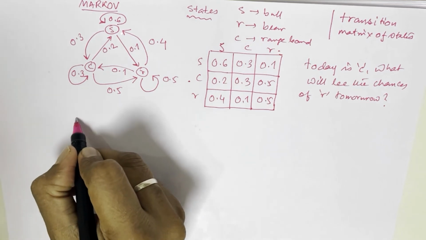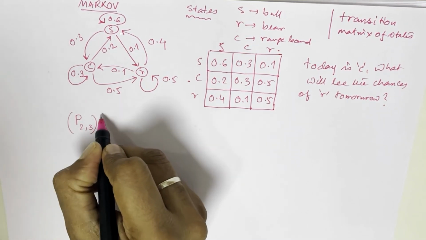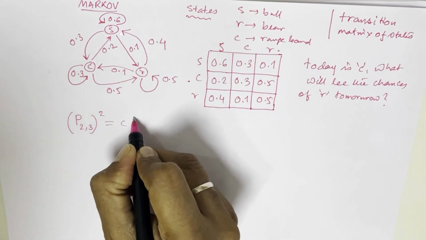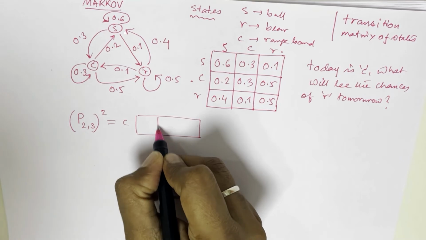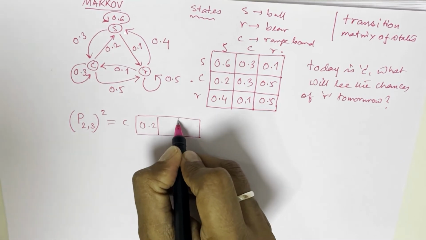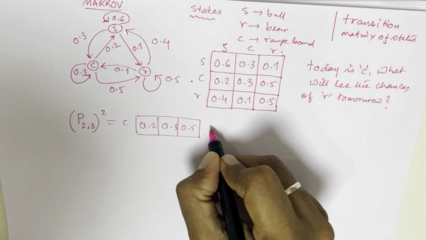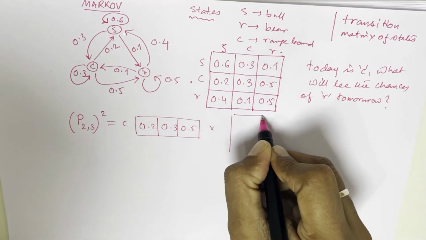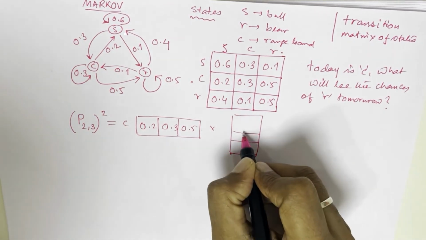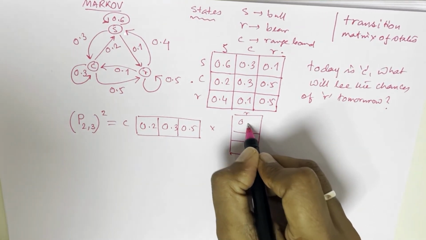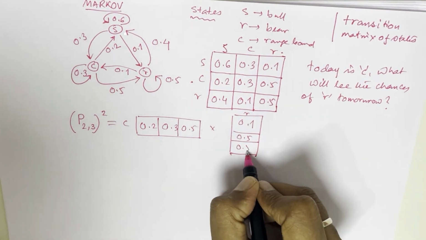So how does the calculation look? We first take the row of C: 0.2, 0.3 and 0.5. We multiply it with the column of R: 0.1, 0.5 and 0.5, a simple matrix multiplication.